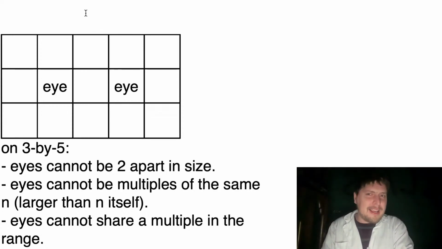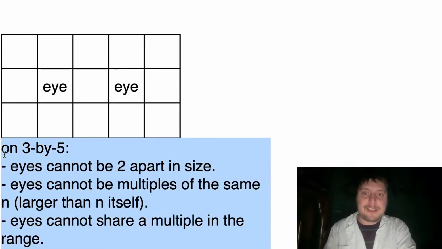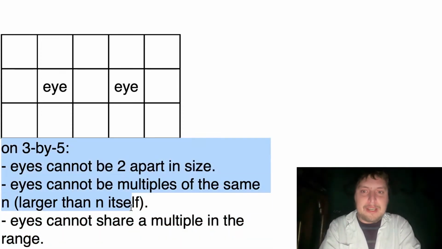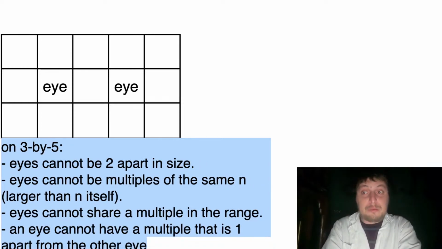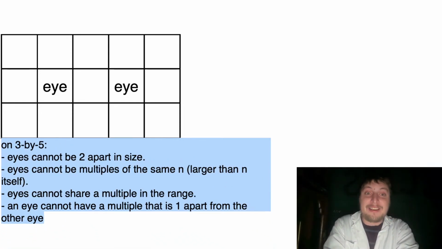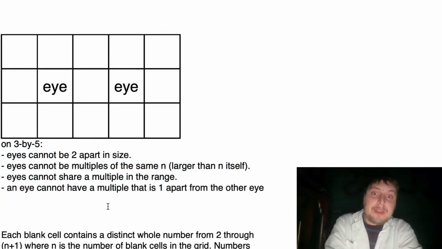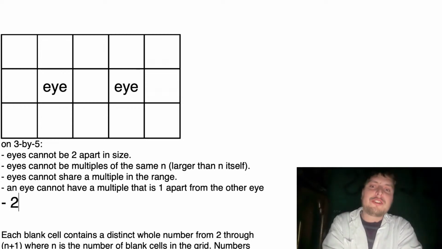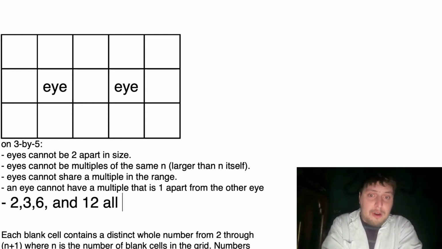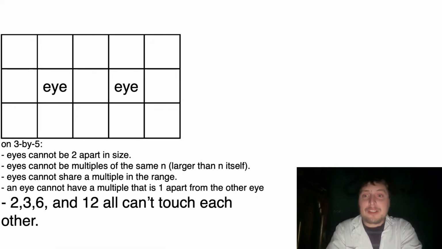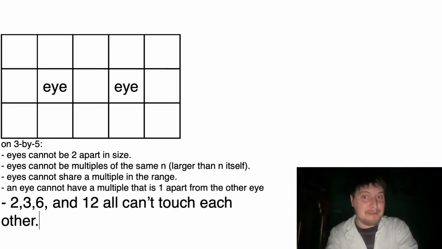So let's note again for this size some things that we know can or can't be near each other. And mostly we begin with what can't be near each other and see if we can narrow it down to what can. So we note that 2, 3, 6, and 12 all can't touch each other. 2, 3, 6, and 12 must all be separated, so none of them are neighbors with each other.